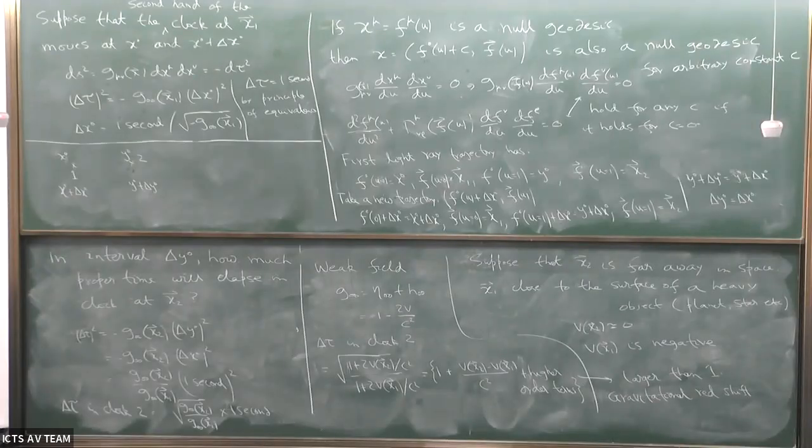Okay, weakness is not part of this. This argument works even if it's not weak. As long as it's a static gravitational field, that basically means that you have constructed one null geodesic, and if you take another curve where only the time gets shifted by a constant and nothing else changes, that also is a null geodesic.